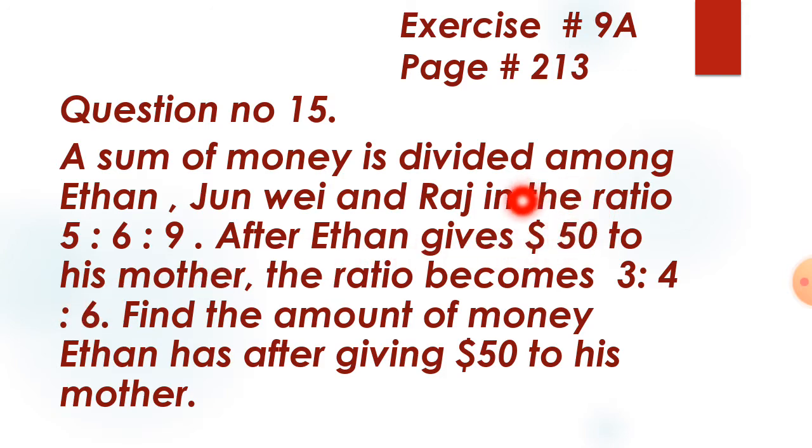Since the amount was taken by Ethan and given to his mother, the ratio has changed. First it was 5, now it has become 3; it was 6, now 4; and 9, now 6. Find the amount of money Ethan has after giving $50 to his mother.